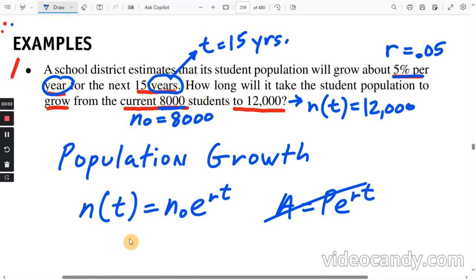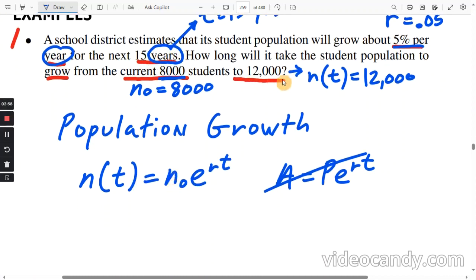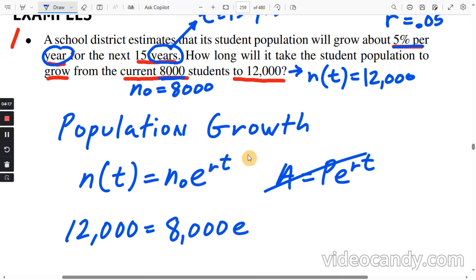So we are okay right there. N of t, that's the ending population, and that's 12,000. And that equals the starting population, N sub 0, that's 8,000, times e to the power of r, which is 0.05.